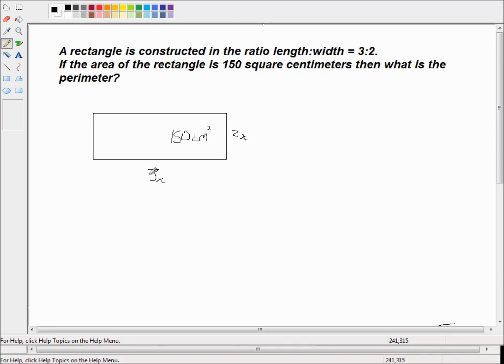Now we know that the area of a rectangle is length times width. So this is just 3x times 2x, which is 6x squared. So now we've got a nice little algebraic equation to solve. 6x squared is equal to 150 centimetres squared.